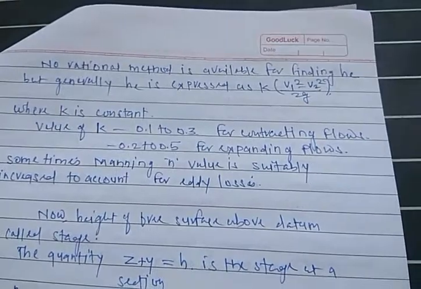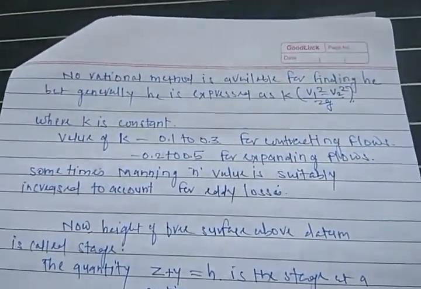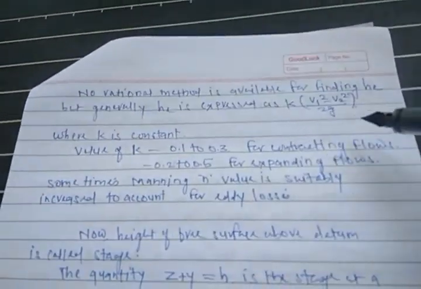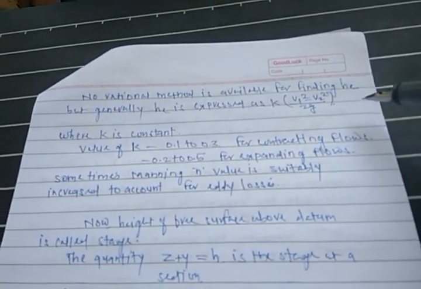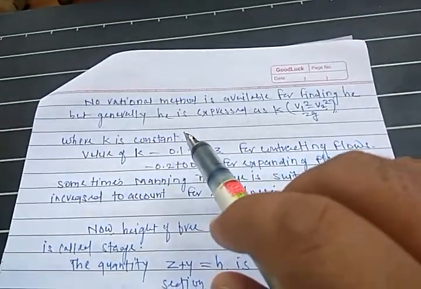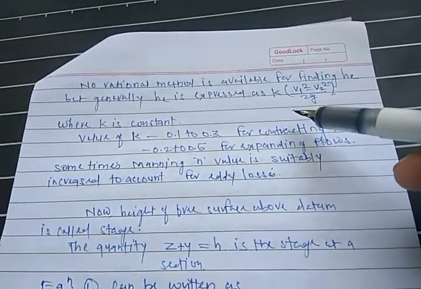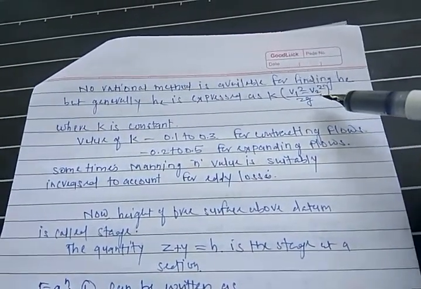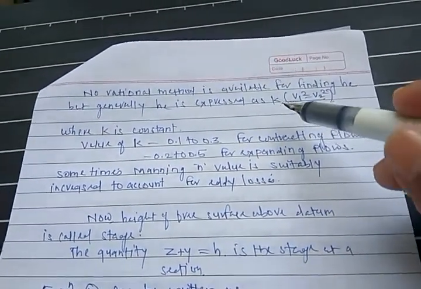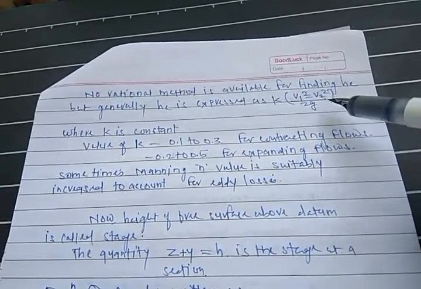Next, no rational method is available for finding HE. But generally HE is expressed as k into the bracket v1 square minus v2 square by 2g, where k is some constant, and v1 and v2 are the velocities at section 1 and section 2.